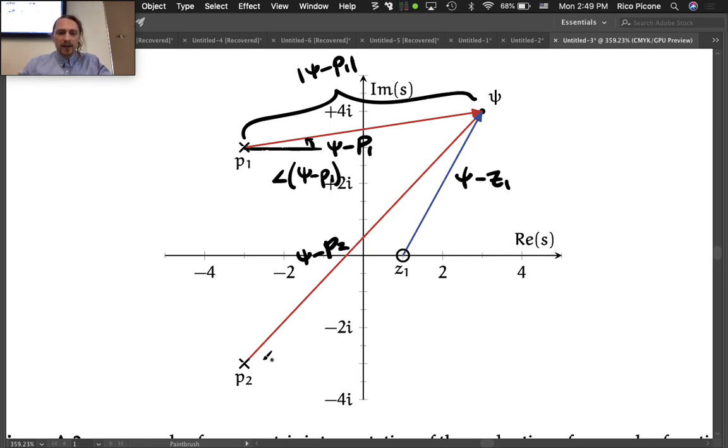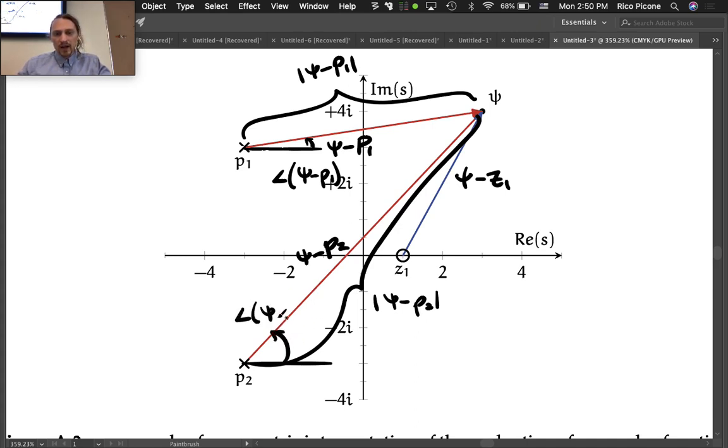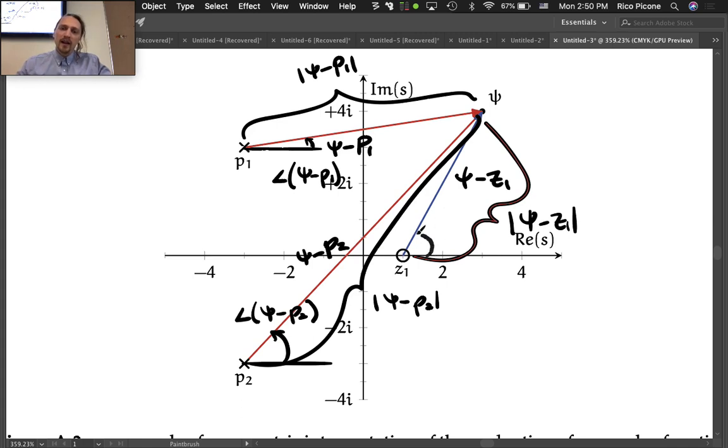This length is the magnitude of psi minus p2, and this angle is the angle of psi minus p2. Finally, this length is the magnitude of psi minus z1, and the angle is the angle of psi minus z1.